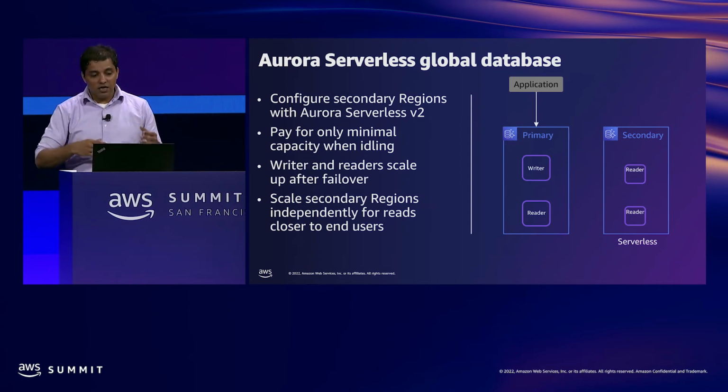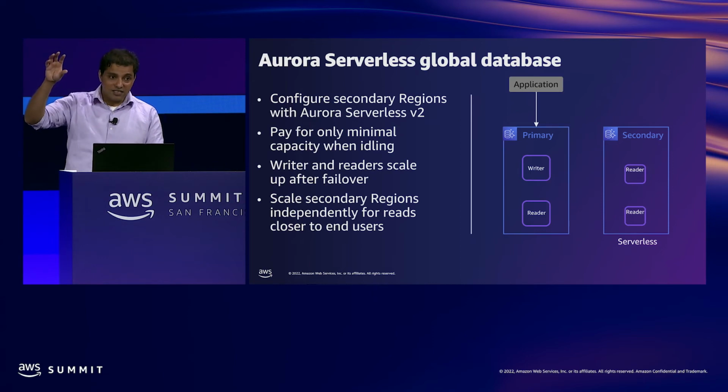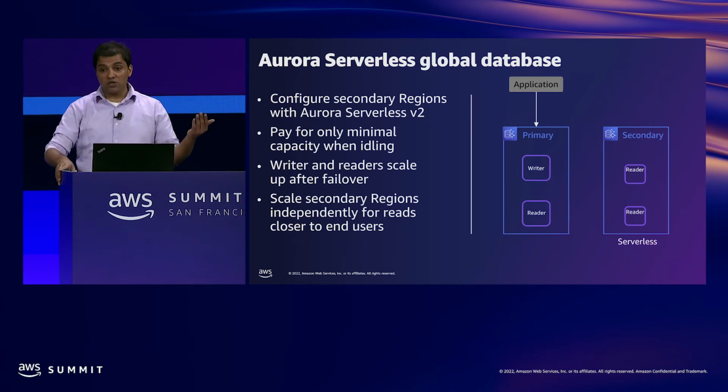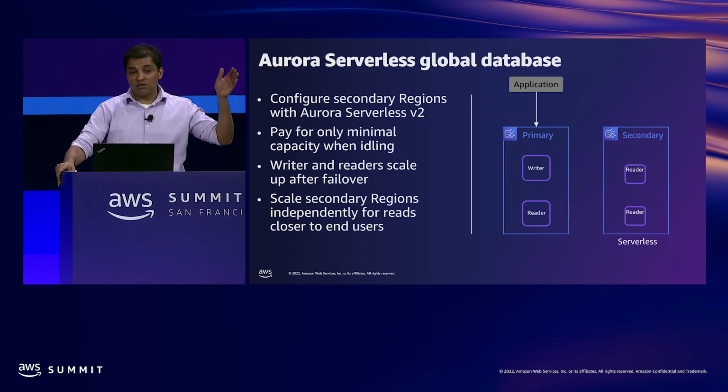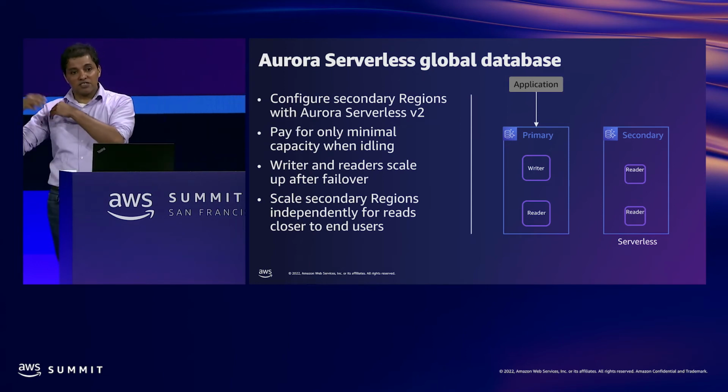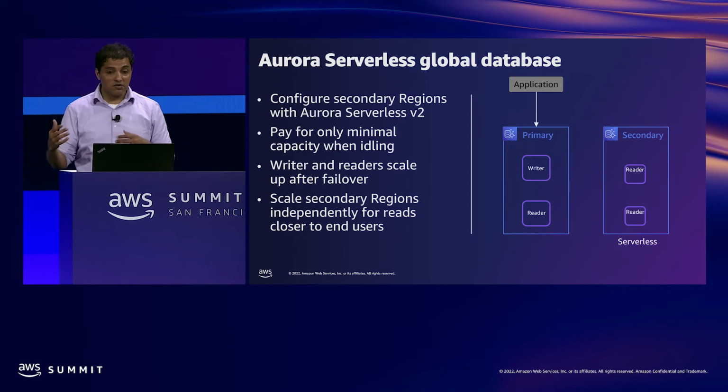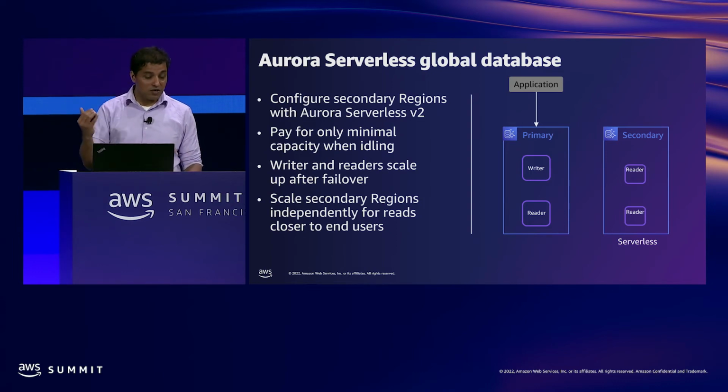With Serverless V2, you can create a secondary region, and the instances of that secondary region can be serverless. So you can have a provisioned writer in your primary region, but just to keep as a pilot light in the secondary region, you can create a secondary region with a serverless reader.